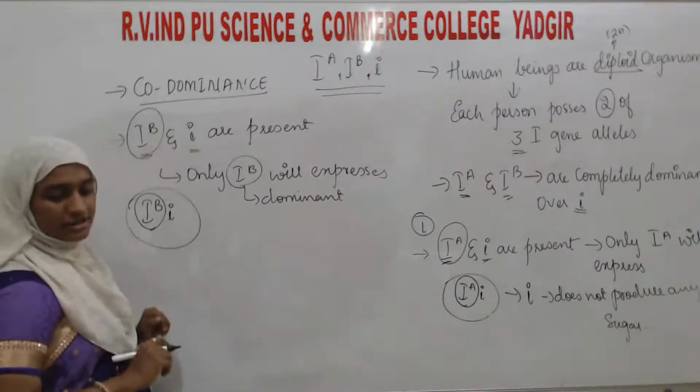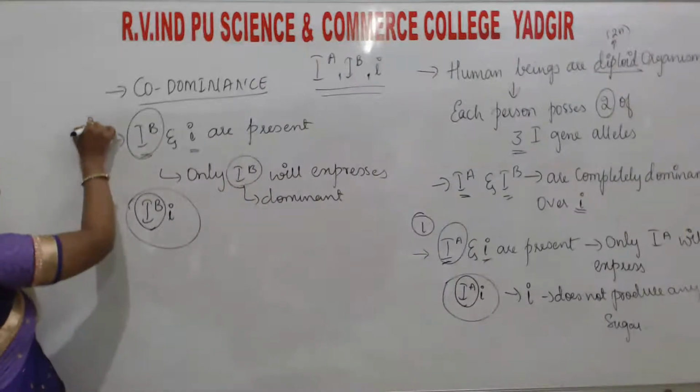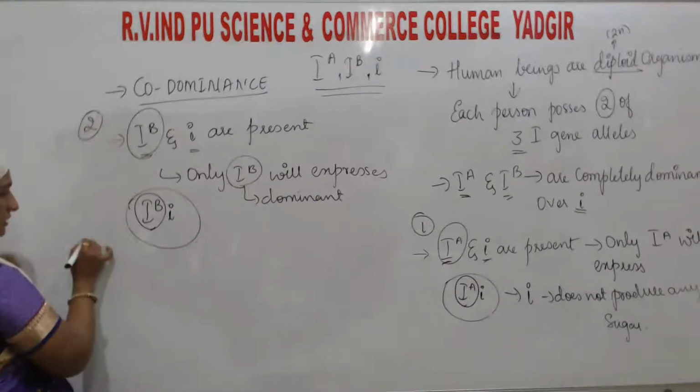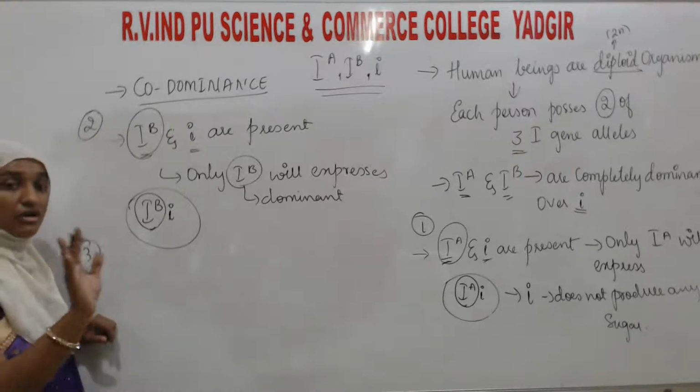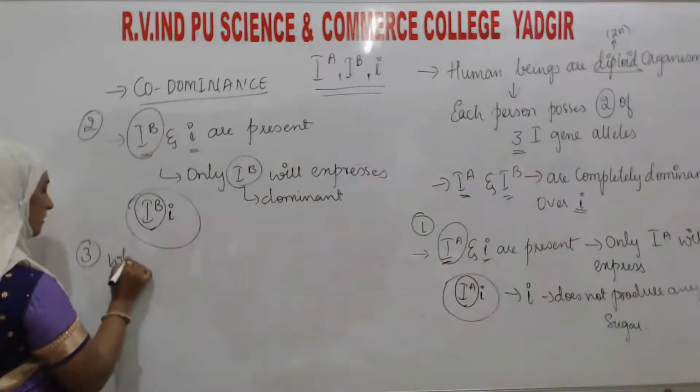Then the third condition is there. This is the second condition, and the third condition is when IA and IB are present, not small i.